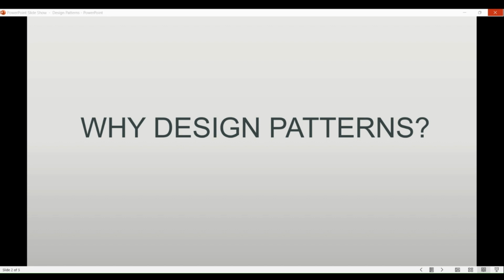After all, like design principles, design patterns promote some best practices such as separating concerns, minimizing coupling between components, and using abstractions to make code more flexible and adaptable for changing environments, for changing requirements.